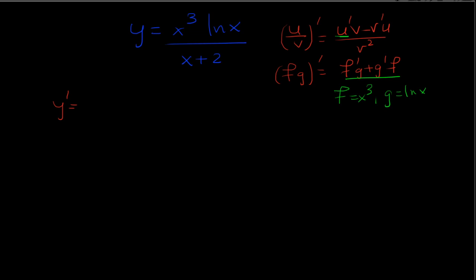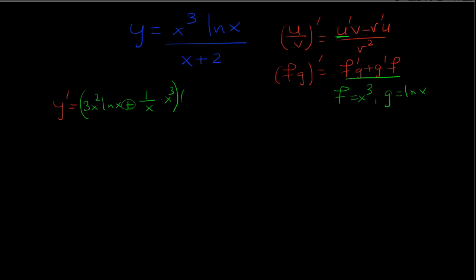So we take the derivative of x cubed, which is 3x squared times ln of x, plus the derivative of ln of x times x cubed. So this represents u prime. And because we have a plus sign here, you want to put it in parentheses. Otherwise, it's going to be wrong.